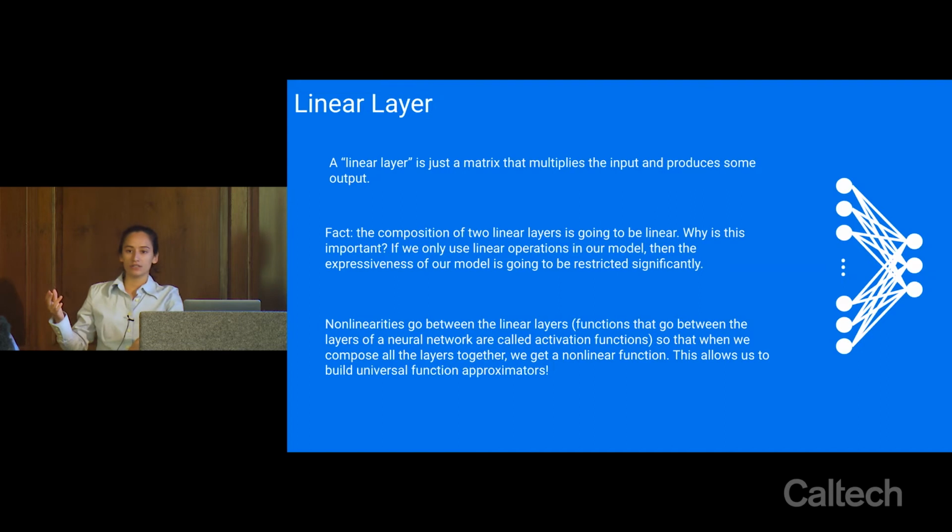This is what allows us to build universal function approximators. You've probably heard that deep learning is a universal function approximator, and the only reason is because you're taking simple nonlinearities and doing multiple layers of them.